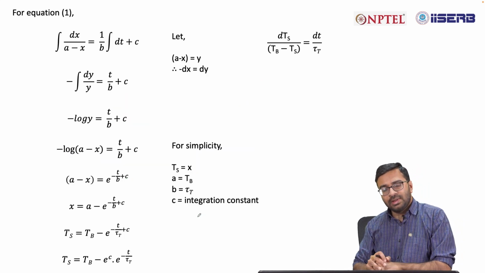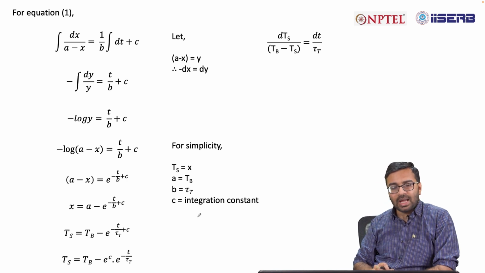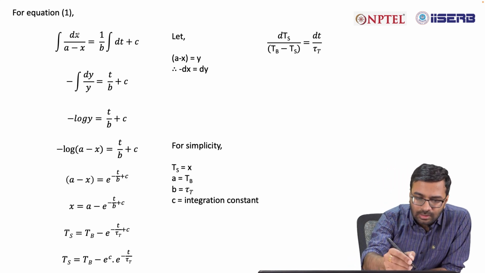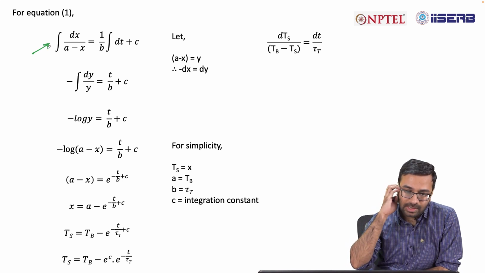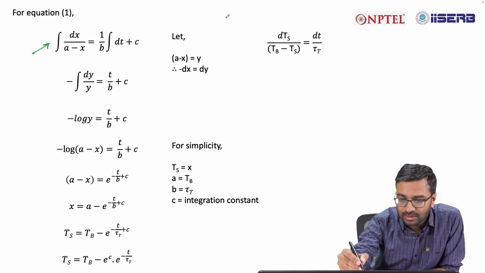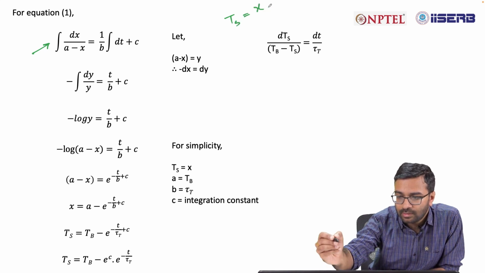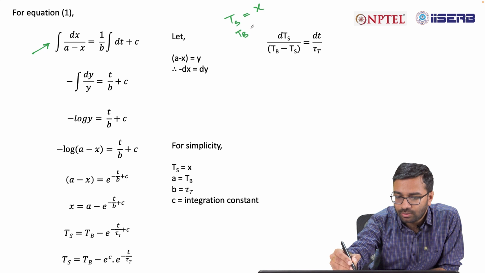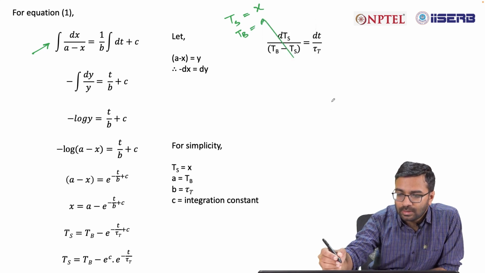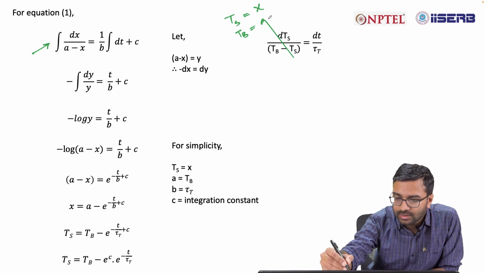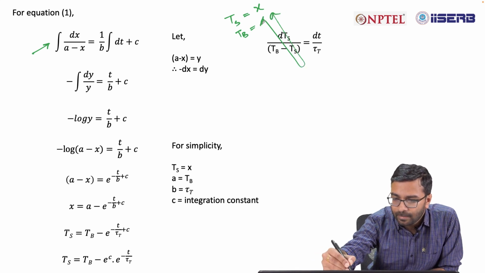So, in this case, let us start with this equation. What we have done in this case is we have considered Ts is equal to x, Tb is equal to A.